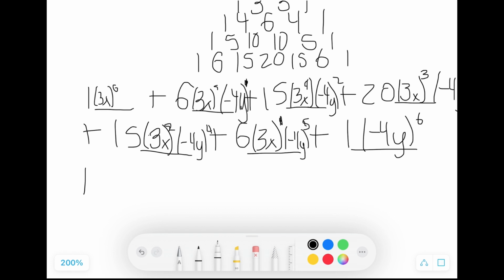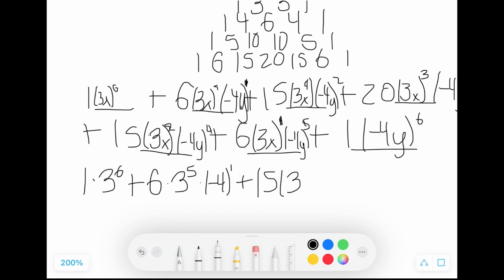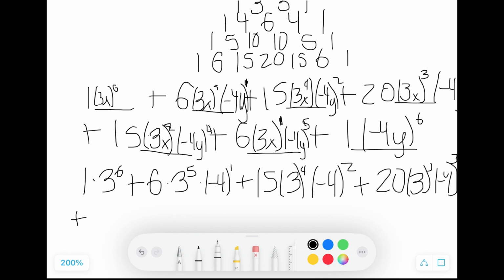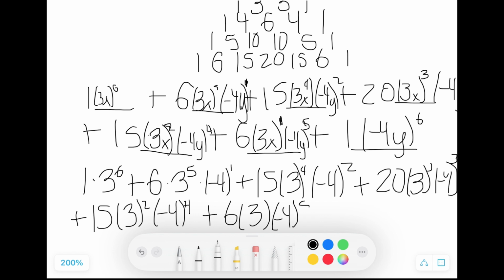So we need 1 times 3 to the 6th plus 6 times 3 to the 5th times negative 4 to the 1st plus 15 times 3 to the 4th times negative 4 squared plus 20 times 3 to the 3rd times negative 4 to the 3rd plus 15 times 3 squared times negative 4 to the 4th plus 6 times 3 times negative 4 to the 5th plus 1 times negative 4 to the 6th.